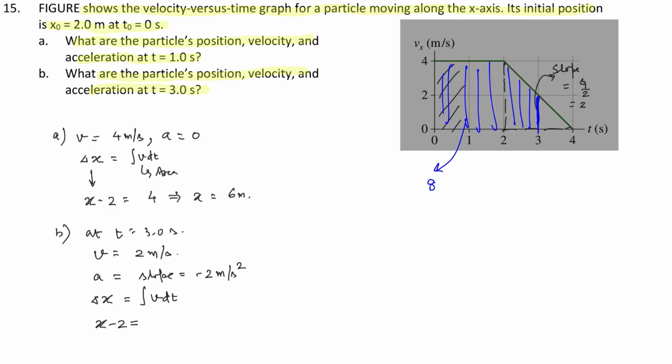So area of rectangle is 8, and that of trapezium is half into sum of parallel sides, that is 4 plus 2, into 1, equal to 3. So 8 plus 3 equal to 11. So x minus 2 is 11. So x is equal to 13 meter. This is your desired unknown.